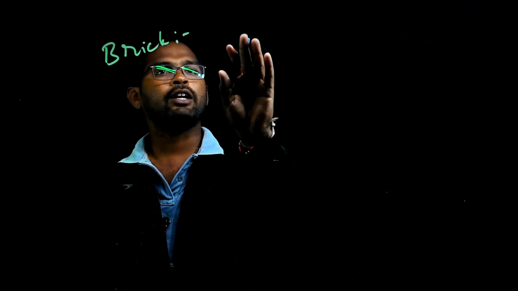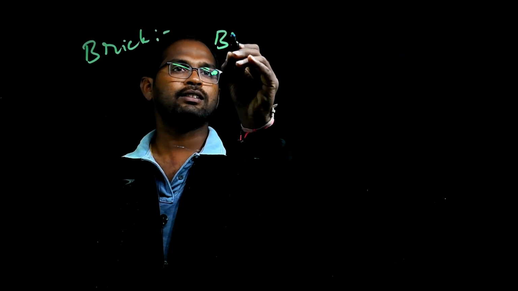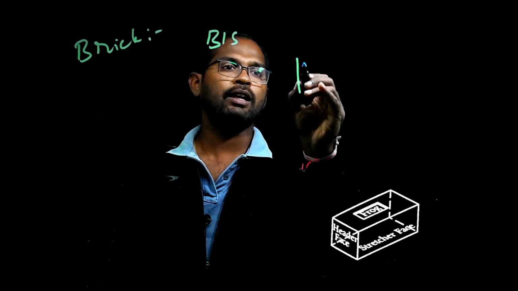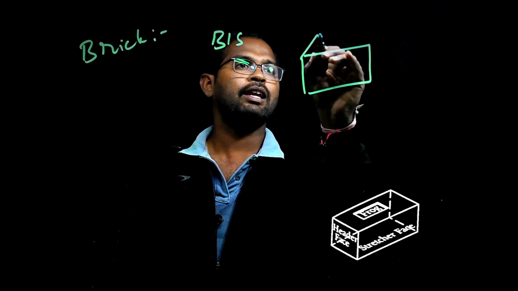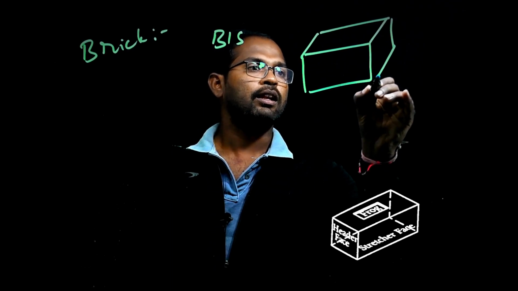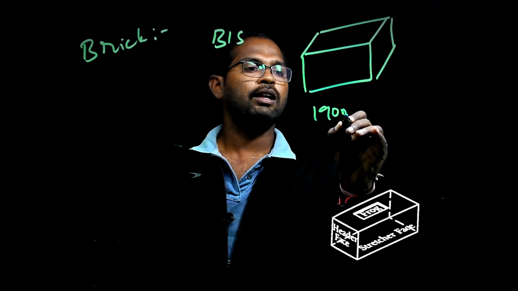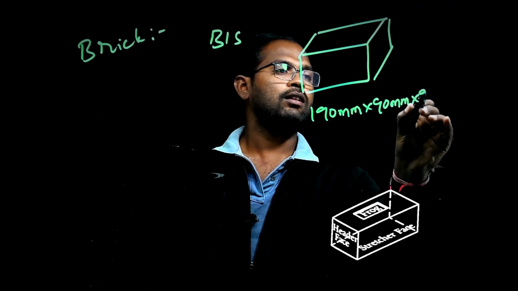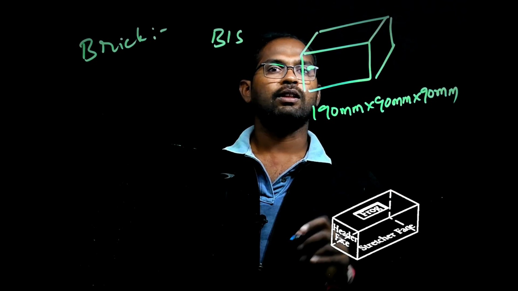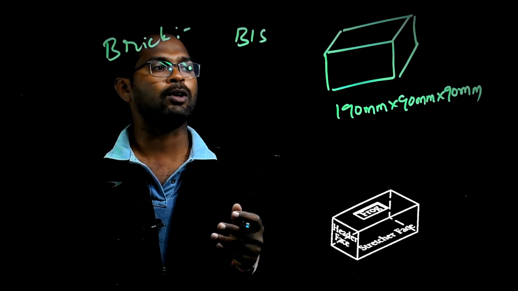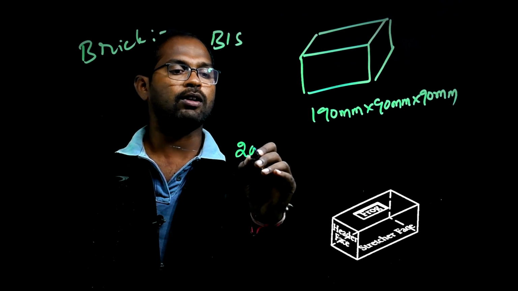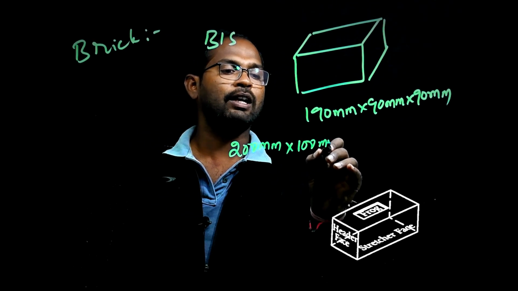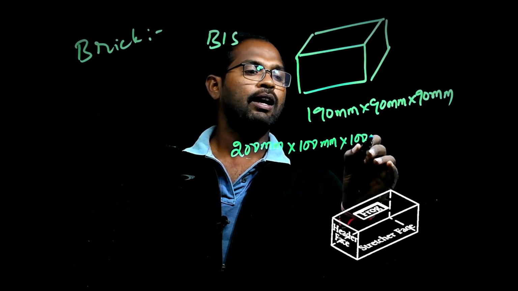According to the Bureau of Indian Standards, the nominal or standardized size of a brick is 190 mm by 90 mm by 90 mm, and after considering the thickness of the mortar, the nominal size of the brick is considered as 200 mm by 100 mm by 100 mm.